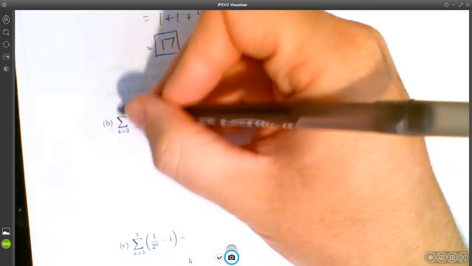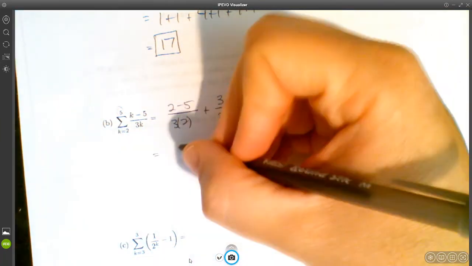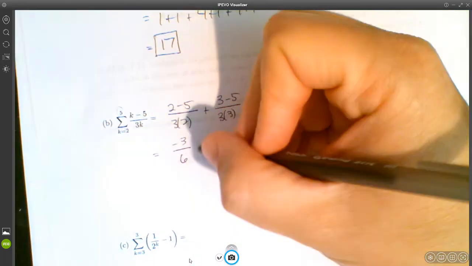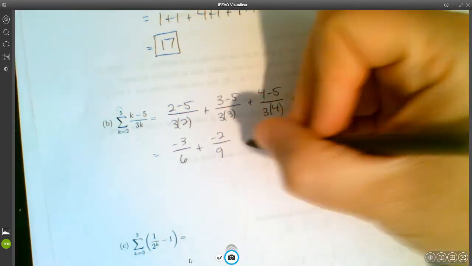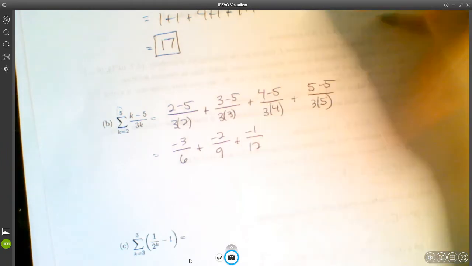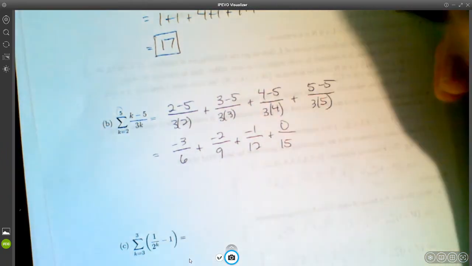And then we end at 5, right? So what are we going to get here? This is going to be negative 3 over 6 plus negative 2 over 9 plus negative 1 over 12 plus 0 over 15.